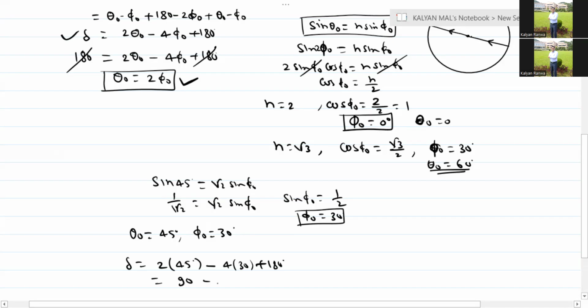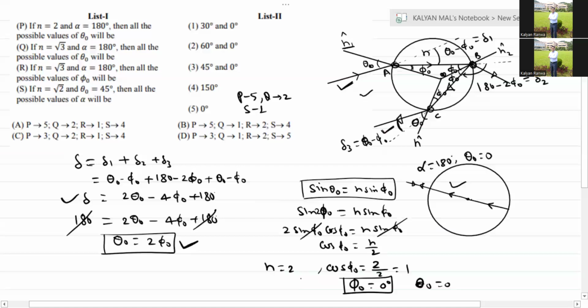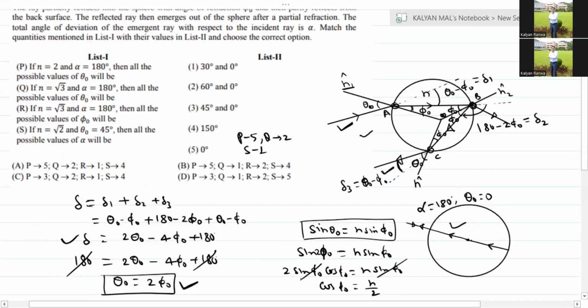So 90 minus 120 plus 180. 90 minus 120 comes out to minus 30. Minus 30 plus 180 is 150 degree. So the angle of deviation comes out to be 150 degree, and that only matches with the fifth option. This is the fourth option. So here R is 1, and S equals 4. So option A is the correct option.